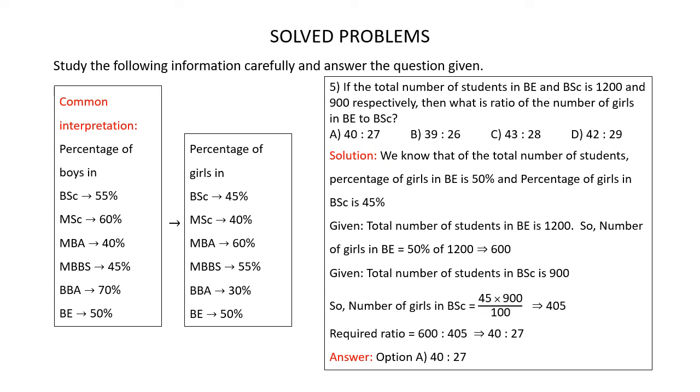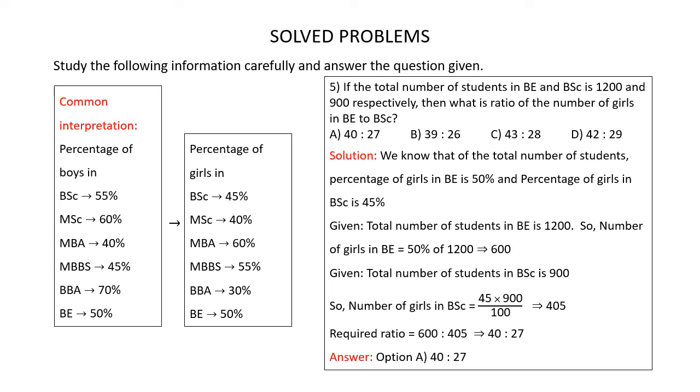Now, from the common interpretation, we know that out of the total number of students, percentage of girls in BE is 50% and percentage of girls in BSc is 45%. Now it's given that the total number of students in BE is 1200.